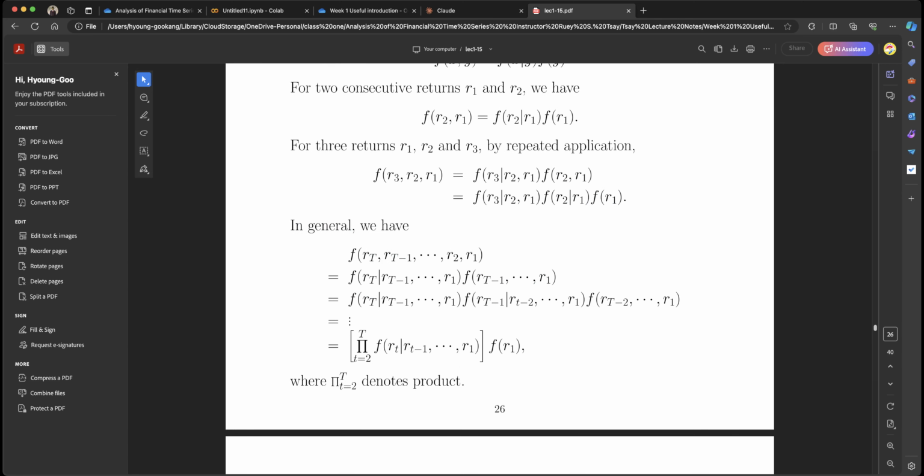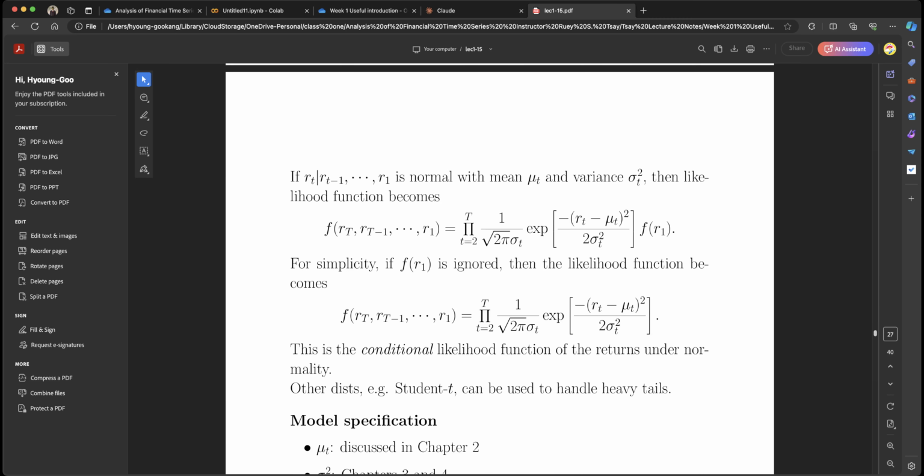Here, this is a product, multiplication from t equals 2 to big T. If R_t given the past is normal with mean mu_t and variance sigma squared, then the likelihood function becomes, okay, the likelihood function of this one, and this should look like this one.